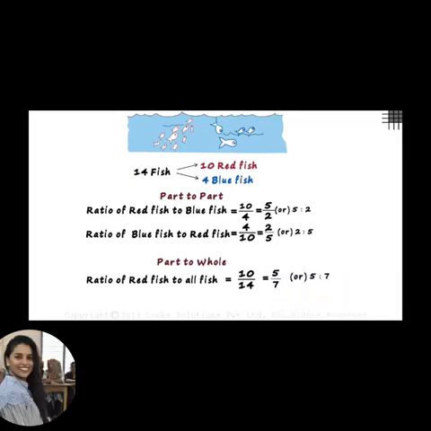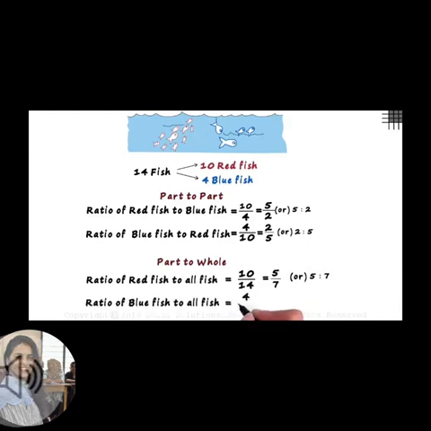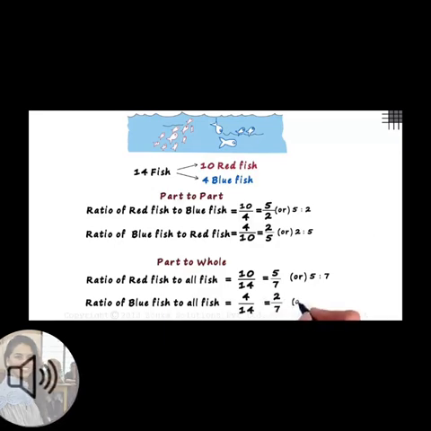Similarly, the ratio of blue fish to all fish is 4 by 14, that is 2 by 7, and the ratio is 2 is to 7. And here we are comparing a part to the whole, that is red to whole and blue to whole. In part to part type, we compare red to blue and blue to red.